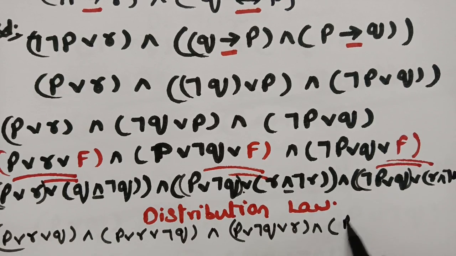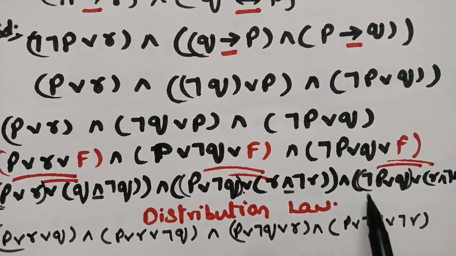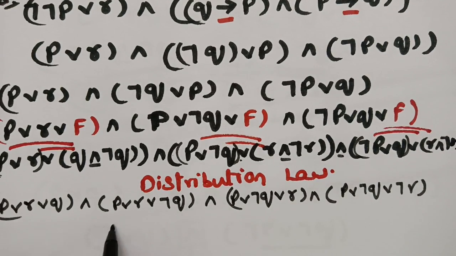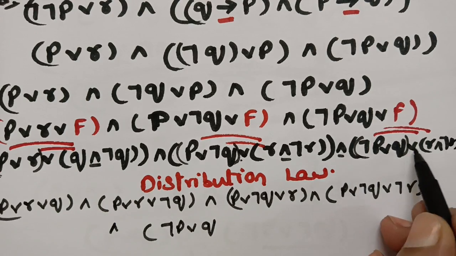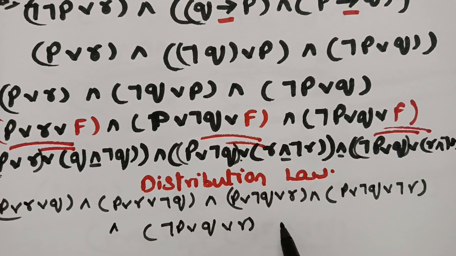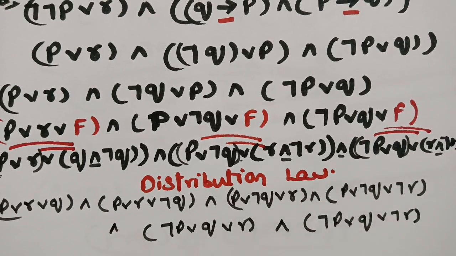And again this one is distributed, P or negation Q or R, and this is negation P or Q or R. Clear? And there is an and symbol here, this is again negation P or Q or negation R.